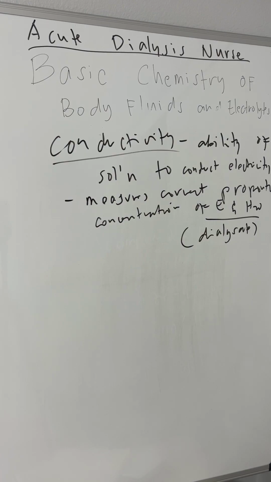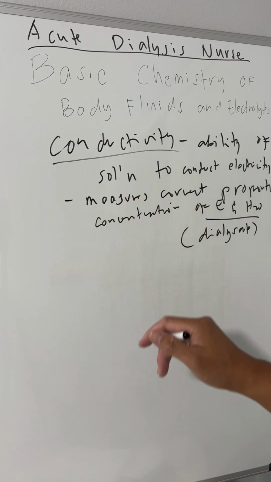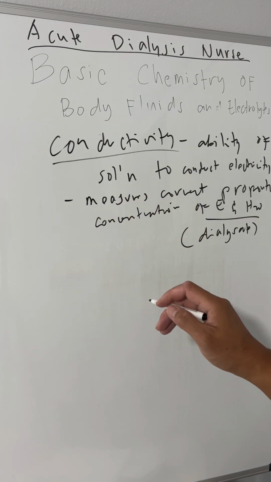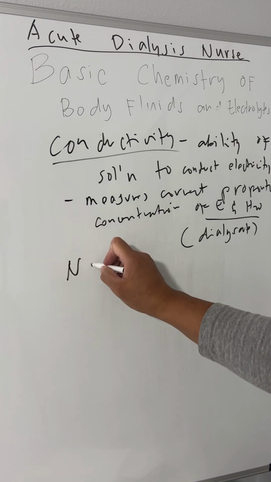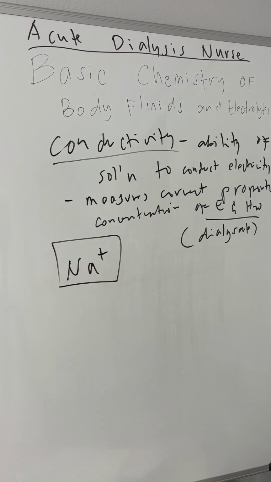Conductivity in dialysis measures the correct proportion, concentration of electrolyte and water. So that would be our dialysate. The conductivity during dialysis is mainly affected by the sodium. So if we go up with the sodium, conductivity goes up. If we go down with the sodium, conductivity goes down.